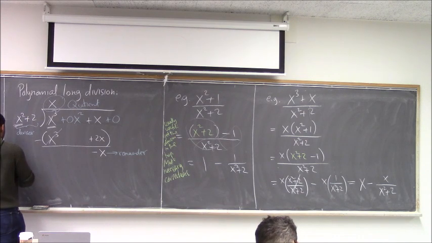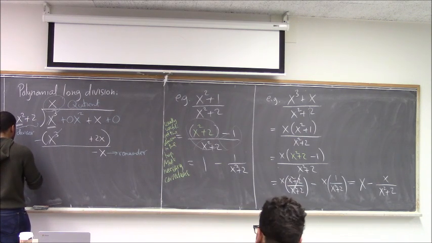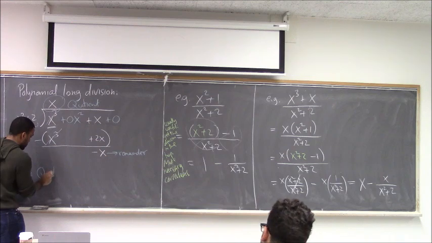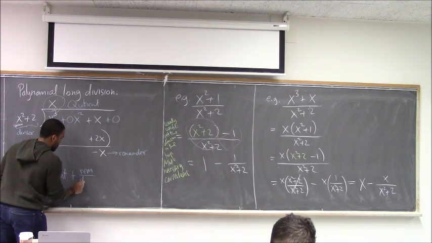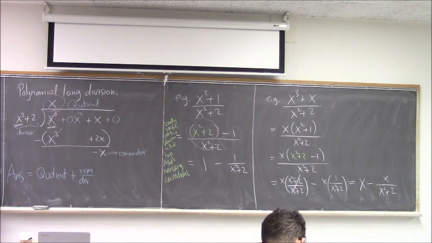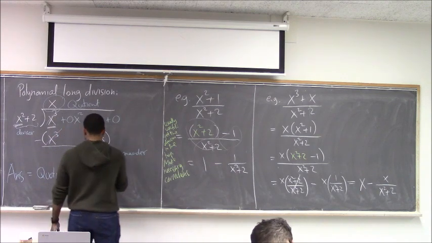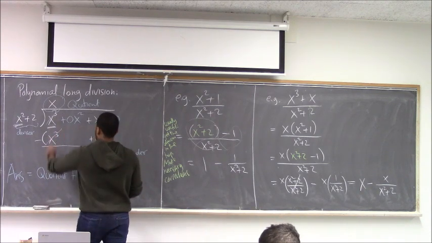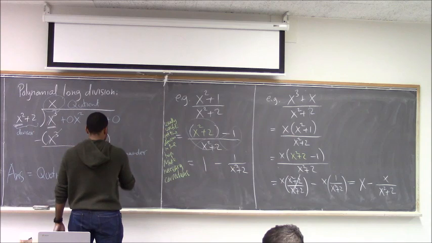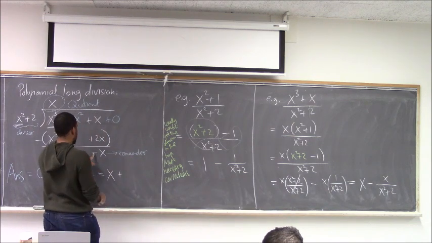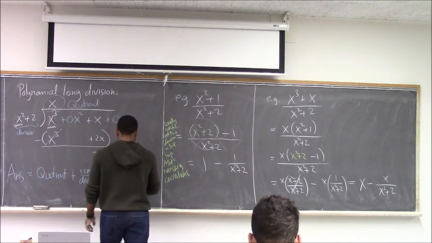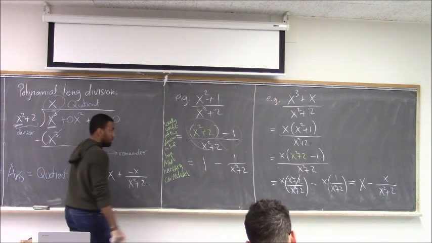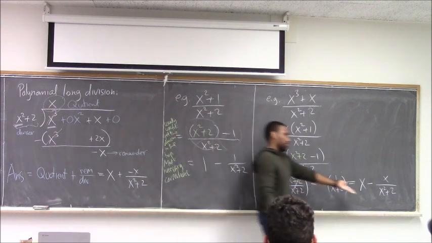And your answer is going to be the quotient plus the remainder over the divisor. And it's always going to be that. So in this situation, what you would get is the quotient plus the remainder, which is minus x, over the divisor, which is this guy. And you'll notice that that's the same answer.